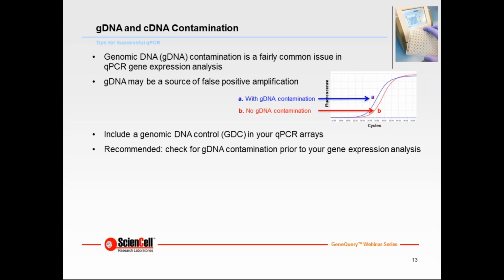A common issue in qPCR gene expression analysis is the gDNA contamination. gDNA may offer extra copy number, thus skew the gene expression level data. To monitor gDNA contamination, be sure to include a genomic DNA control, GDC, in your qPCR arrays. GDC is a primer set targeting a non-transcribed region on the genome.